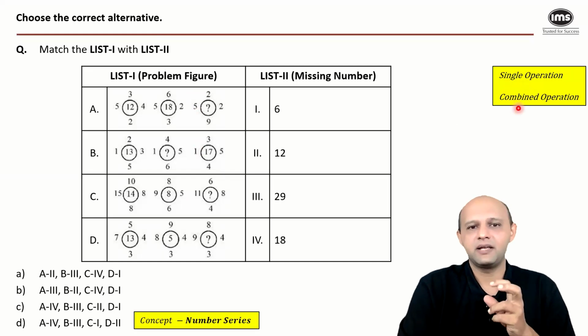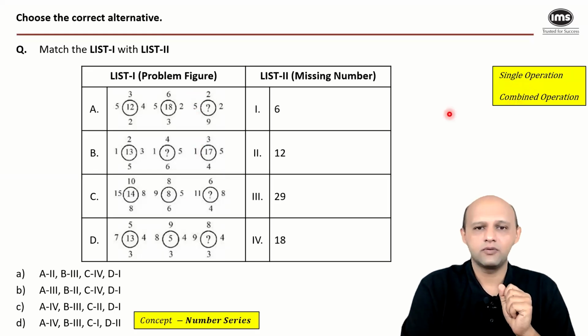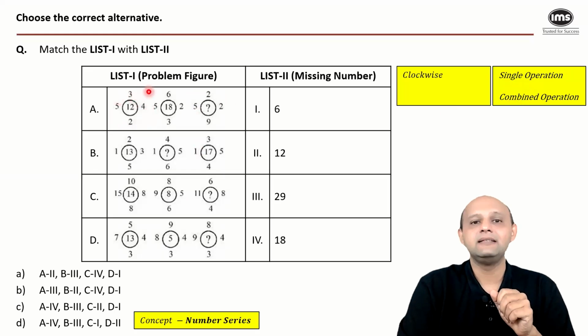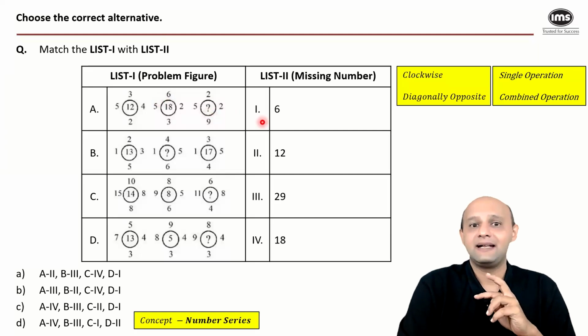Okay, so either a plus, minus, plus, and a multiplication, and a difference. So these are things that you should be watching out for. And then in terms of how you approach looking at these numbers, how do you go about viewing the numbers: either clockwise or anti-clockwise, and diagonally opposite.